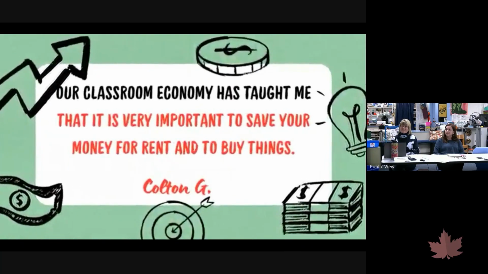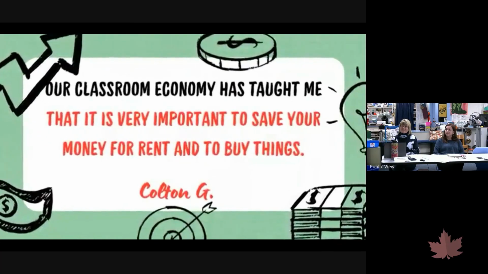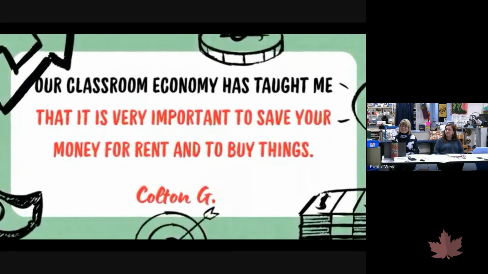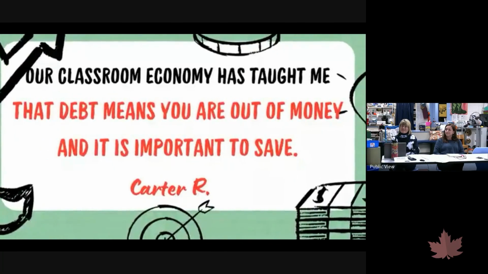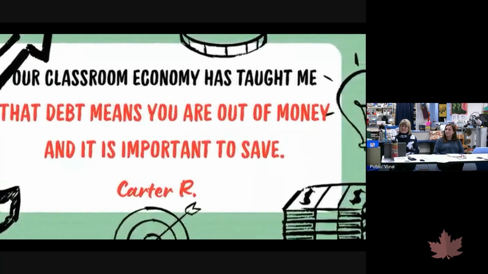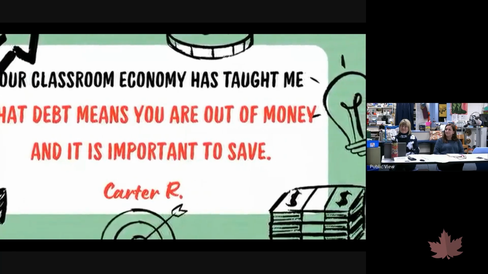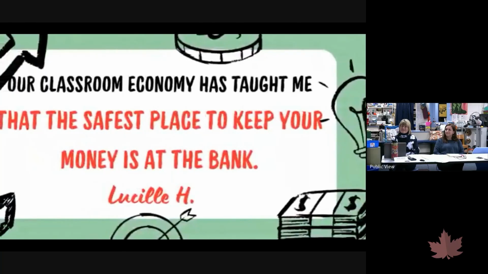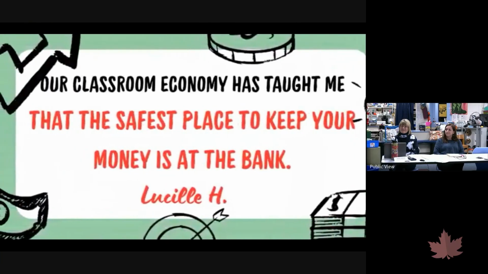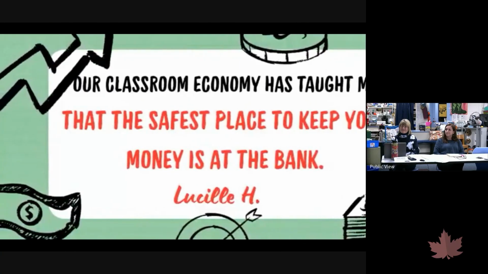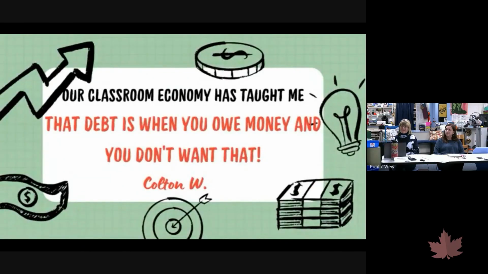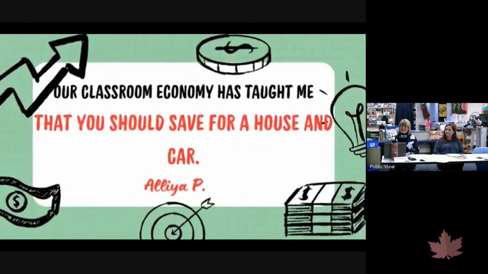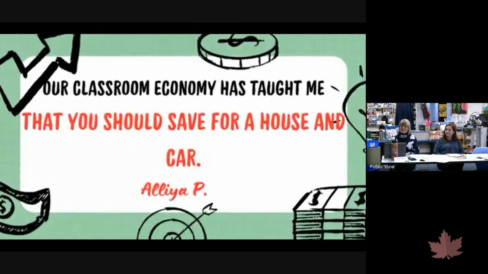That is very important to save your money for rent and to buy things. That debt means that you are out of money and it is important to save. That the safest place to keep your money is at the bank. That debt is when you owe money and you do not want that. That you should save your money for a house and a car.